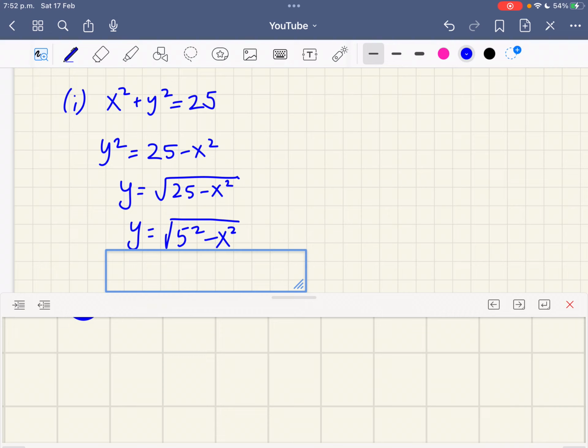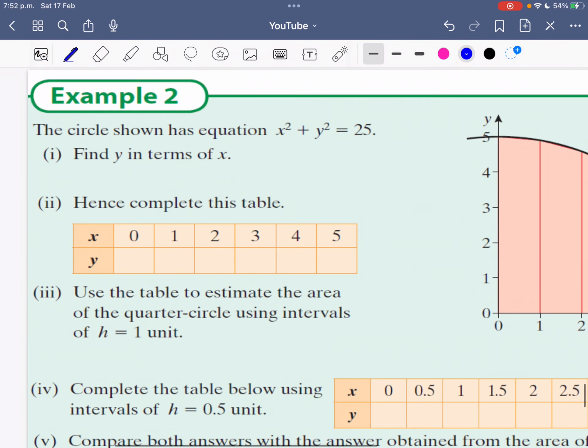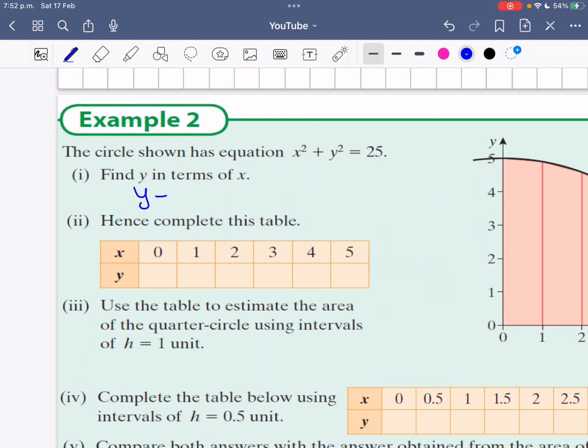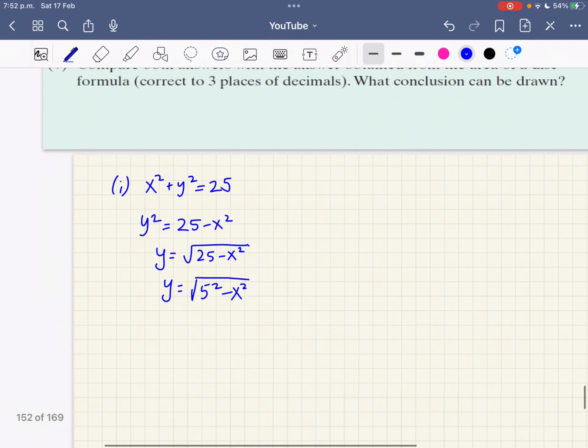And now if we go on and look at part 2, hence complete this table. So when x is 0, we'll just sub these in using your calculator. So we get the square root of 25 minus 0 squared, which is just 5. And you should show that work down here.